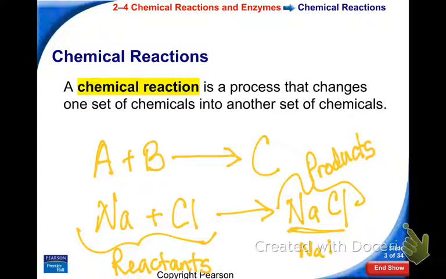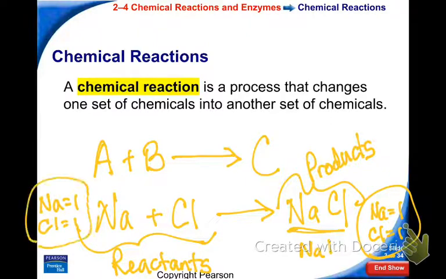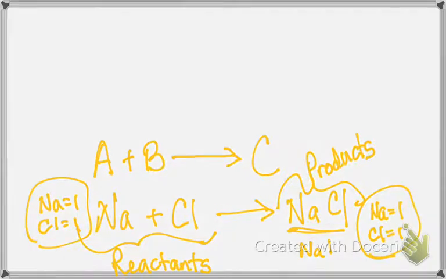I think that thing down there where it says Doceri desktop is in the way, so I'll write it over here. 1 sodium and 1 chlorine. And if you have one of each of these on the product side, then you better have 1 sodium and 1 chlorine over here for the equation to be balanced. You cannot create or destroy matter, so everything has to be balanced.